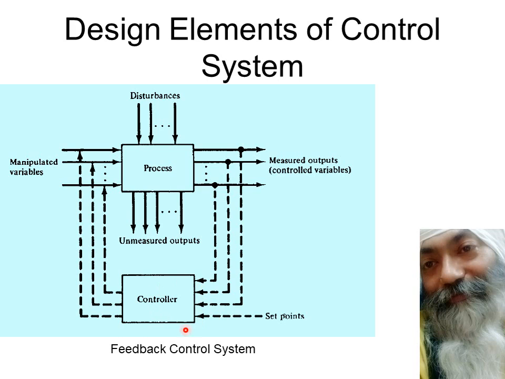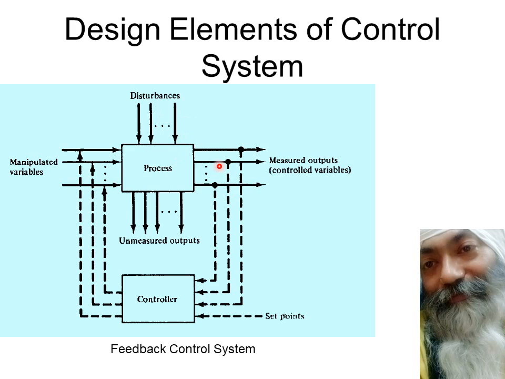And the controller takes the action, it changes the manipulated variables in a controlled manner so as to bring about changes in the measured output, which may be getting disturbed on account of the presence of disturbances acting on the process.